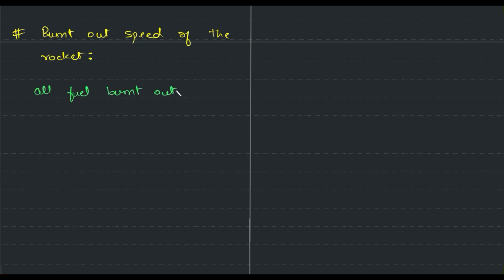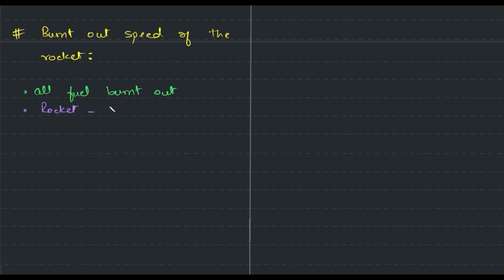But the rocket, the entire thing, payload or including the structure, I forgot the name.